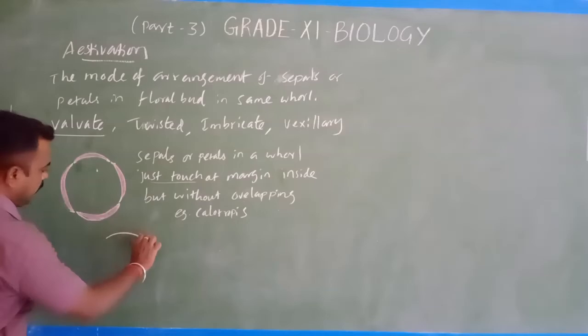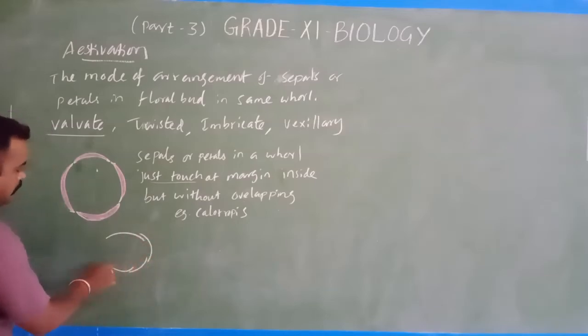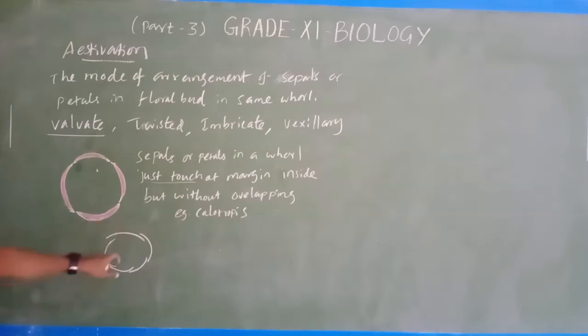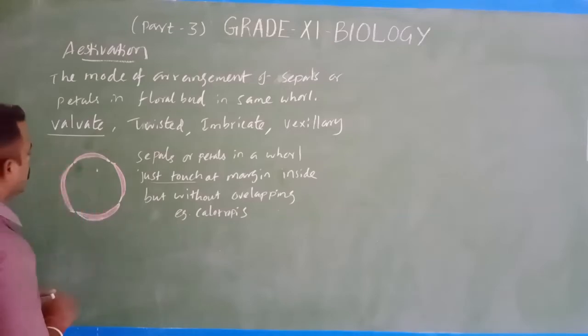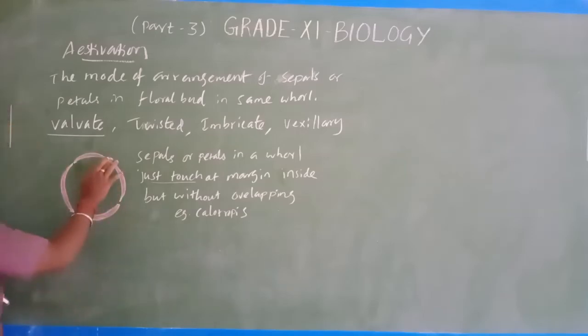It does not overlap with other petals or sepals; separately it is present. So it is called valvate. It is not overlapping one another. Example is calotropis. The margin is touching, not overlapping, and there is some gap.